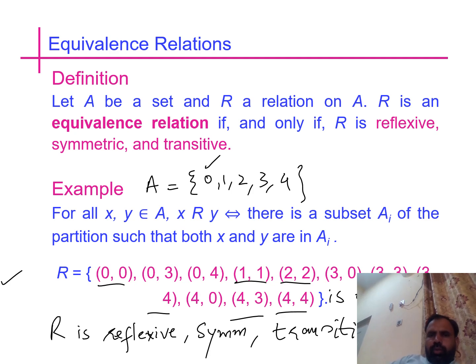For all x, y belonging to A, x relation with y if and only if there is a subset Ai of the partition such that both x and y are in Ai. So this is R: (0,0), (0,3), (0,4), (1,1), (2,2), (3,0), (3,3), (3,4). R is reflexive, symmetric, and transitive.